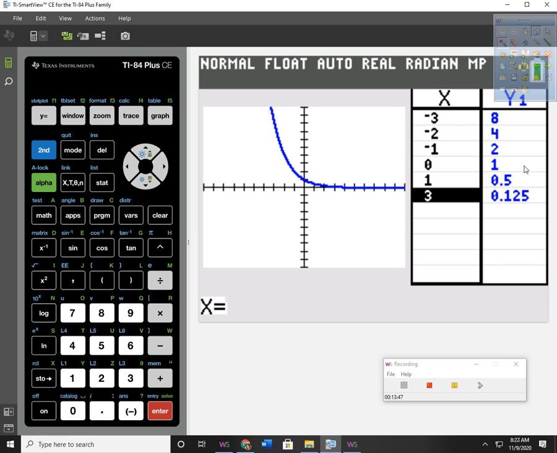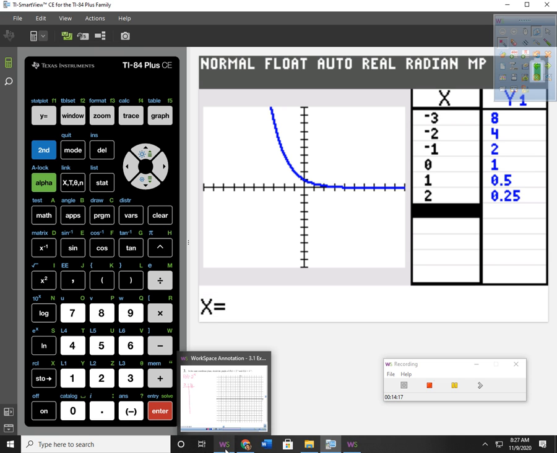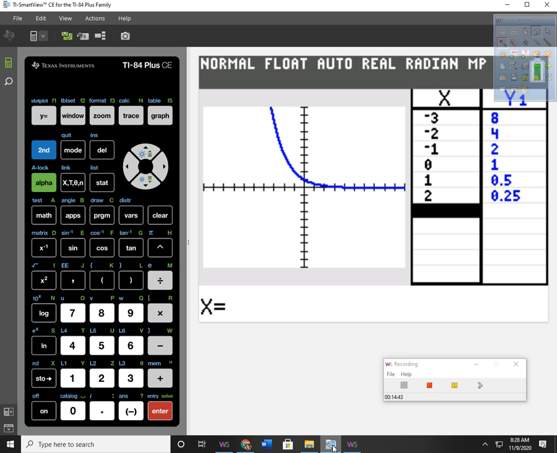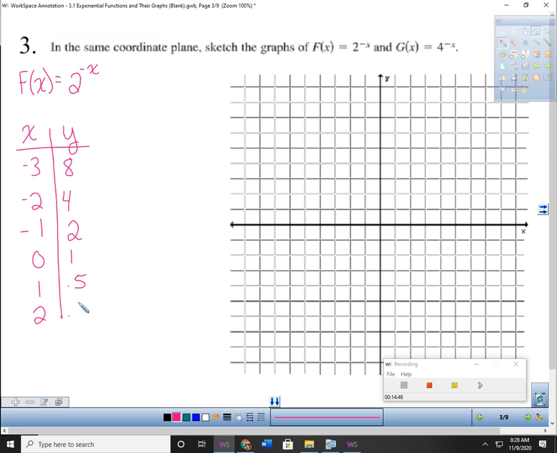All right, so go ahead and fill your table in on your paper. So -3, 8, -2, 4, -1, 2, 0, 1, 1.5, 2, make sure I get that right, 0.25.